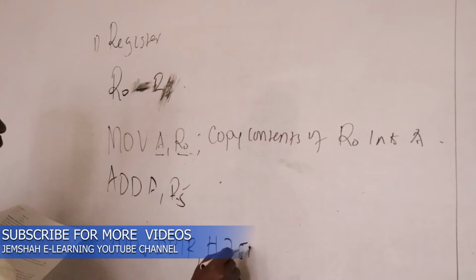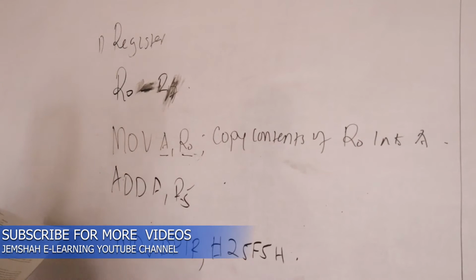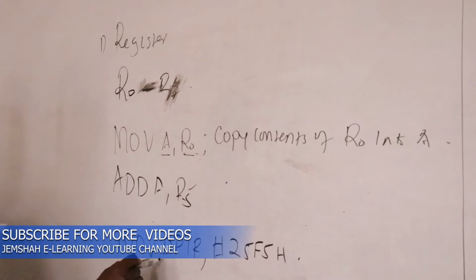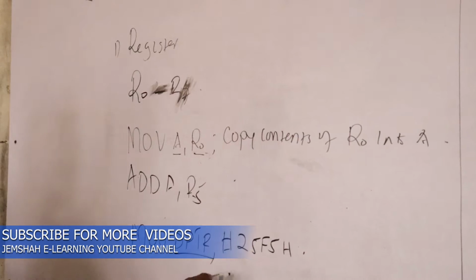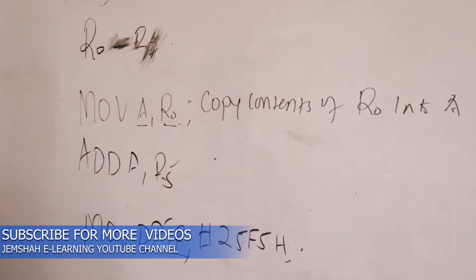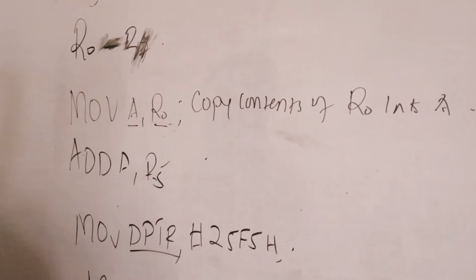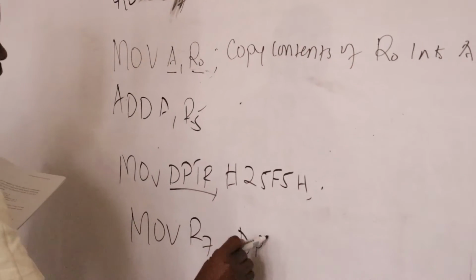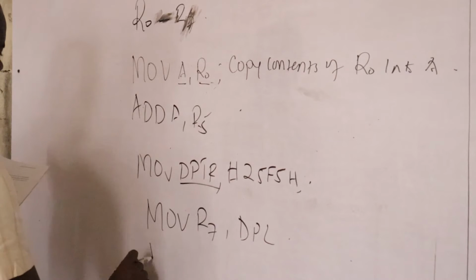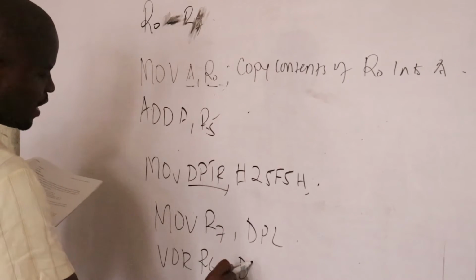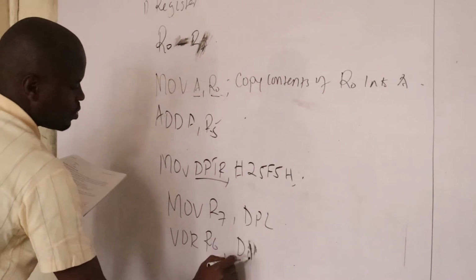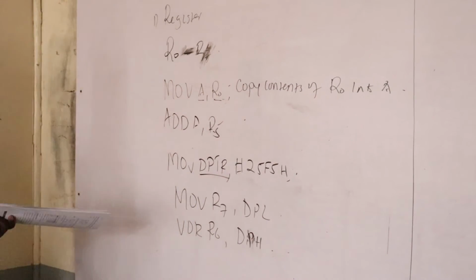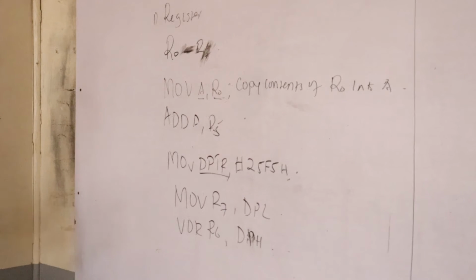That is also a register, and because it is a 16-bit register, the value is also 16-bit. Or you can break it into 2, so that you move what is in R7 into DPL, the data pointer low, or move what is in R6 into DPH. All of that is what we refer to as register addressing mode.